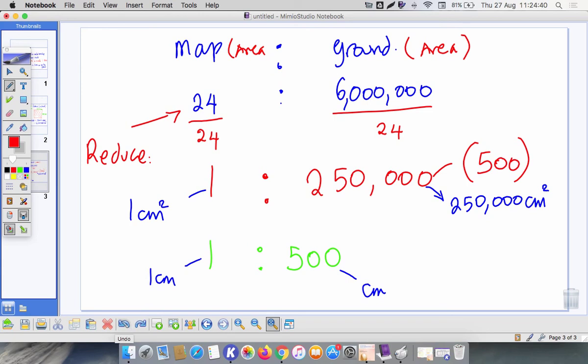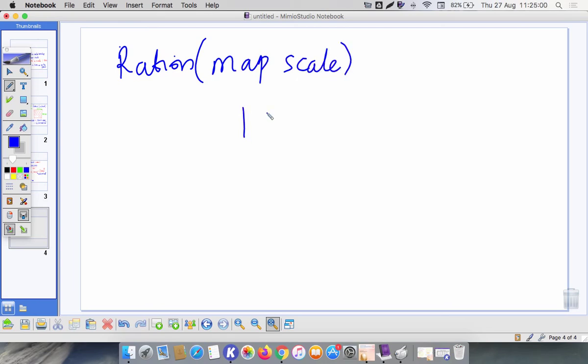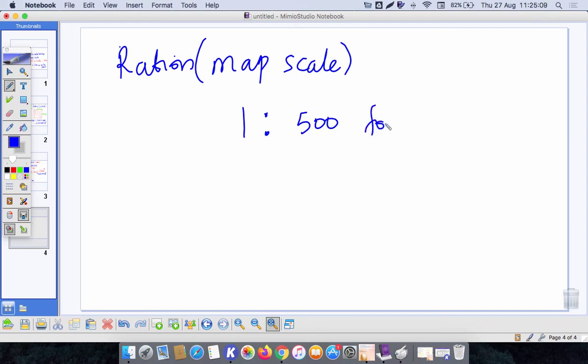So what does that mean? It means that if I am given a map scale of 1 to 500 for distance, but the question wants me to calculate area, I need to transform that.